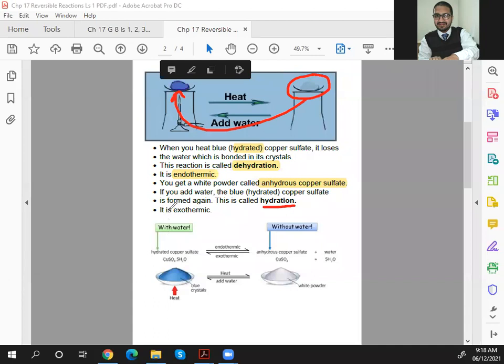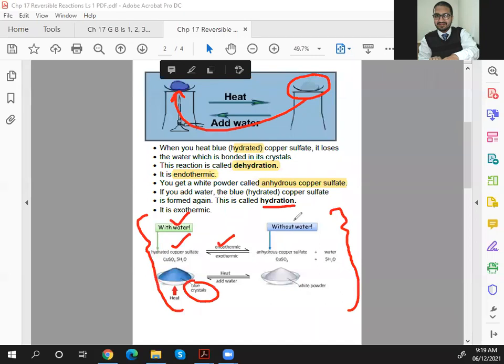Now, come to the next part here. You can see the equations, the chemical equations, and we also name the example with water, hydrated copper sulfate. Its color is blue crystals. Now endothermic: when you heat it, what happens?